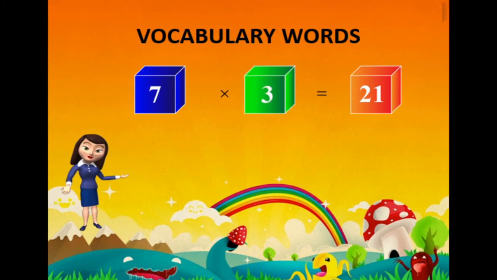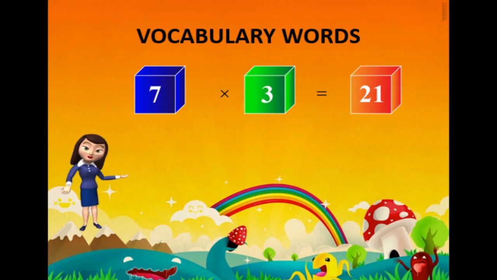This equation is read as 7 times 3 equals 21. 7 times 3 equals 21.